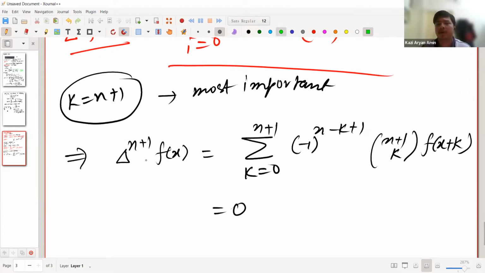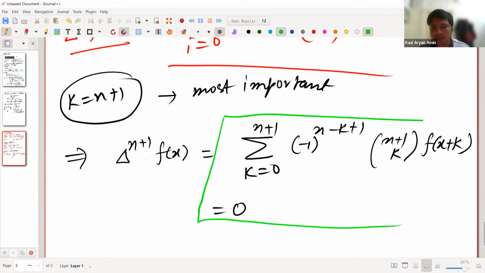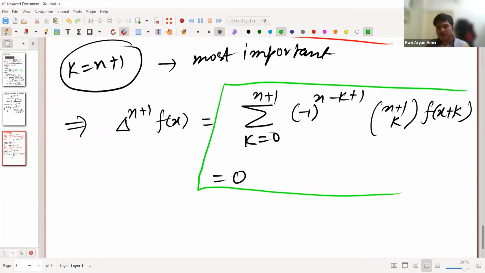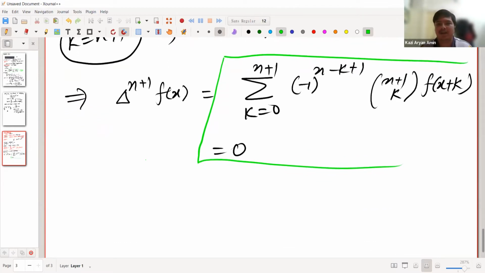So this is actually quite important, the fact that this very nice looking identity holds, right? So this is one of the more important properties.